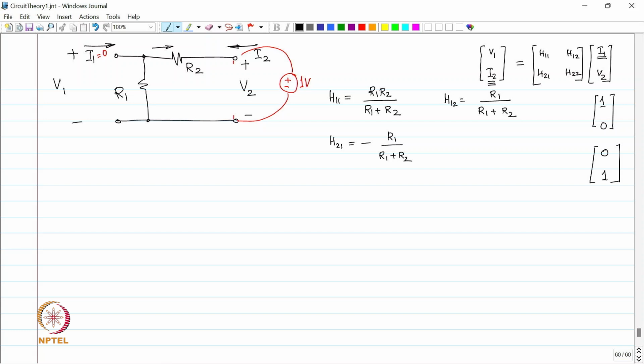Fine. And finally, what is I2? One upon R1 plus R2. Is this okay? So, this is the complete matrix.